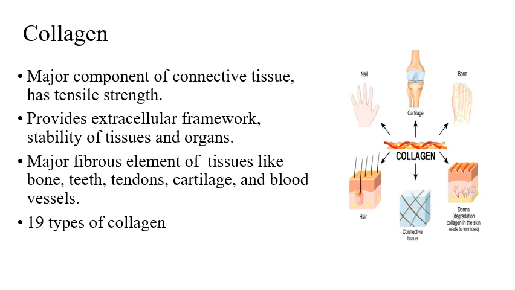It provides the extracellular framework and stability of tissues and organs, and it is present throughout the body, as the major fibrous element of tissues like bone, teeth, tendons, cartilage and blood vessels. There are basically 19 types of collagen seen in the body.